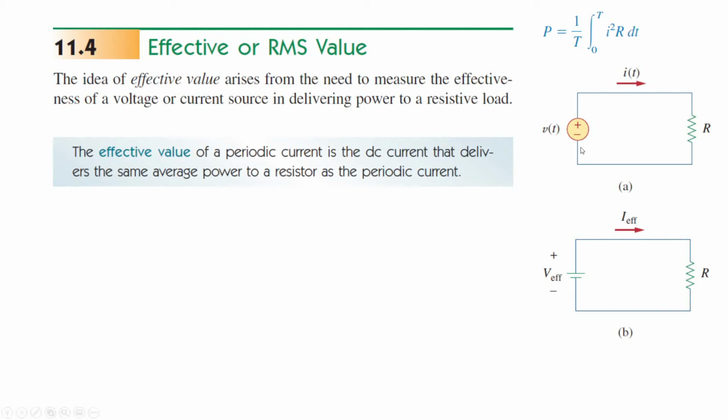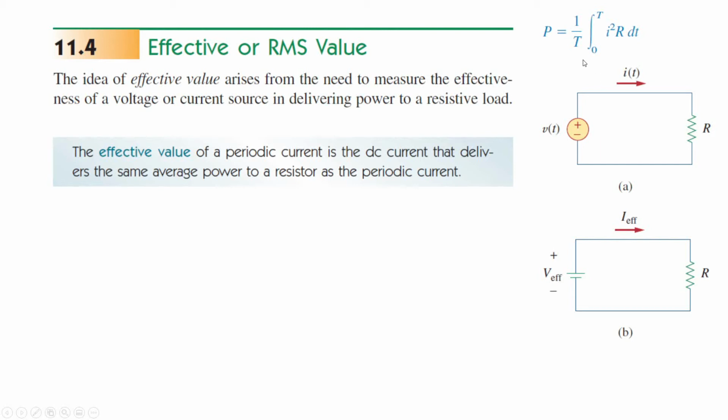In case of AC current, we know that we can write the average power using this integral over the interval of time 0 to capital T, where capital T is the time period of the periodic AC current.